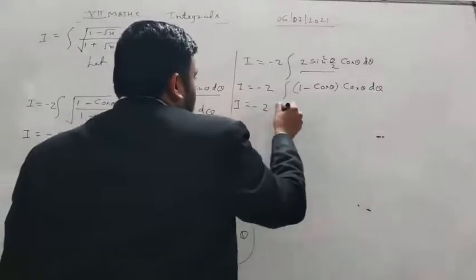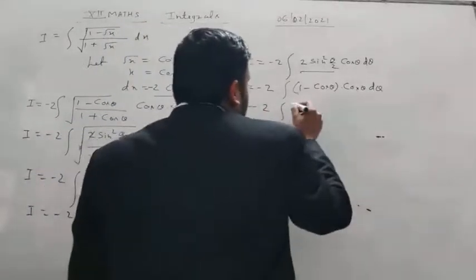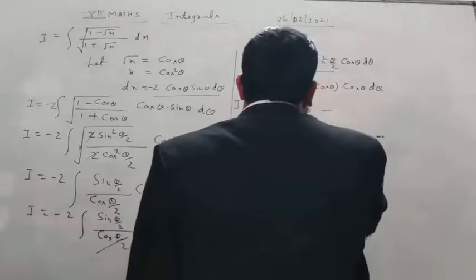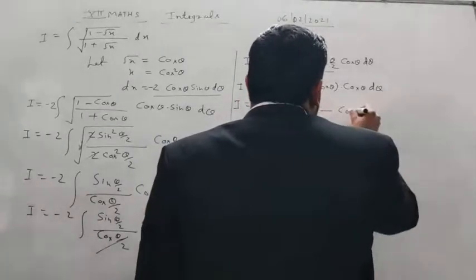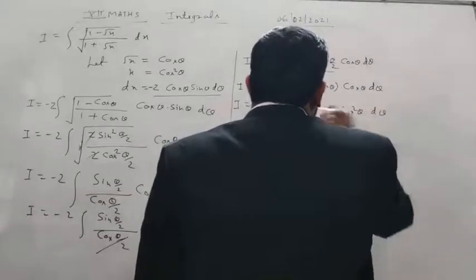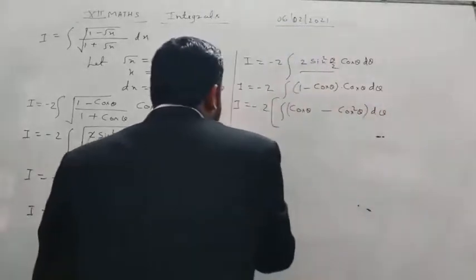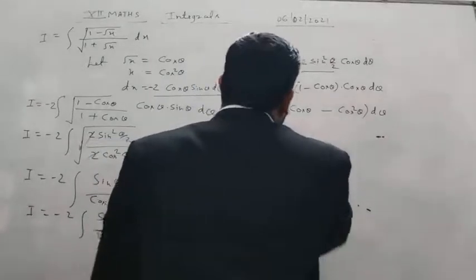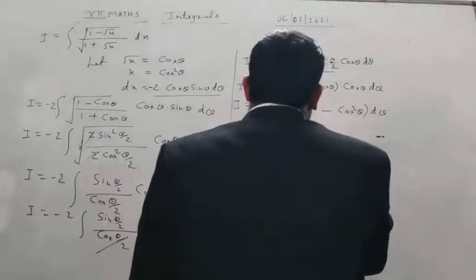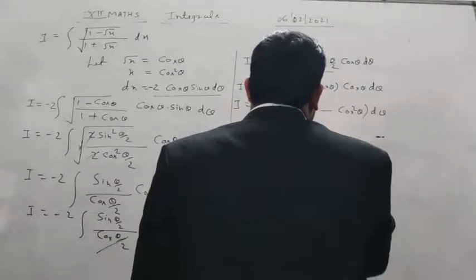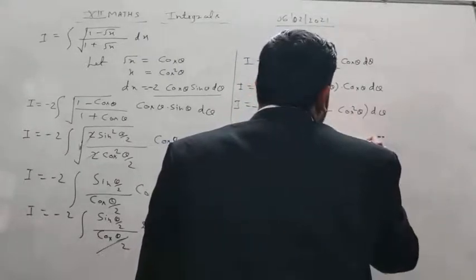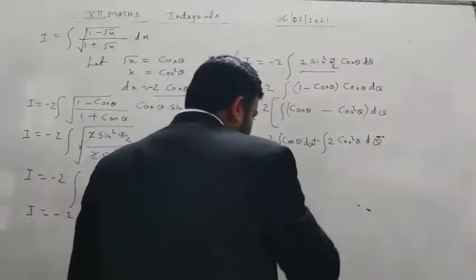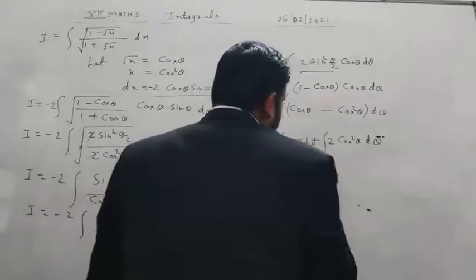So minus 2, and when we multiply inside we get cos theta minus cos square theta d theta. Now this is minus 2 cos theta, and this is plus 2 cos square theta d theta.